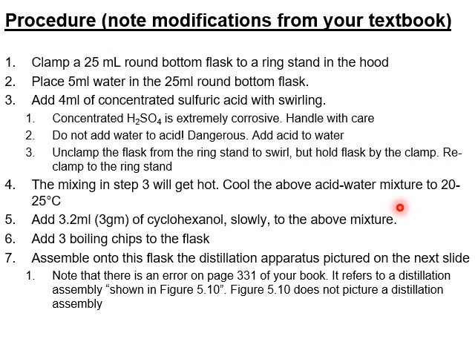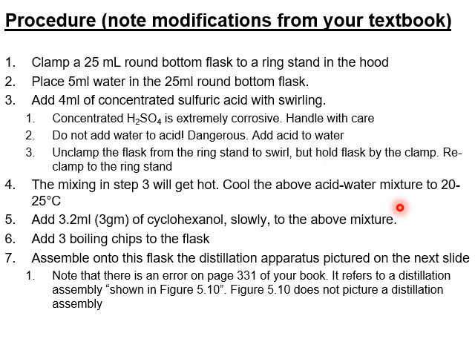About the procedure, at first you need to clamp a 25 mL round bottom flask to a ring stand, using a ring clamp. Then you need to add 5 milliliters of water to the round bottom flask and add 4 milliliters of concentrated sulfuric acid.